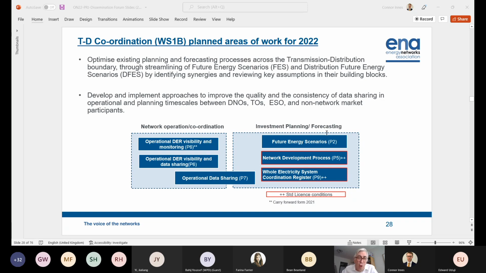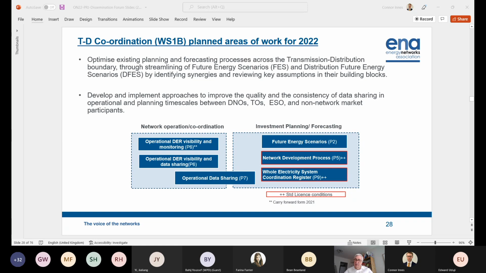So at the moment we've looked at what data is available and what makes sense to share. We're now looking at what would be involved in saying we want to collect more data and what the costs of that would be, not just for ourselves, but for the external parties who wish to connect to our networks.